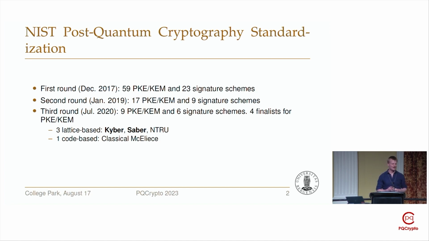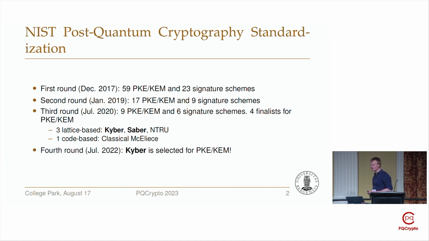And among the lattice-based, 2 of them were Kyber and Saber. And then in round 4, Kyber was chosen for standardization. So this is essentially the motivation for why you want to study specifically Kyber and Saber.